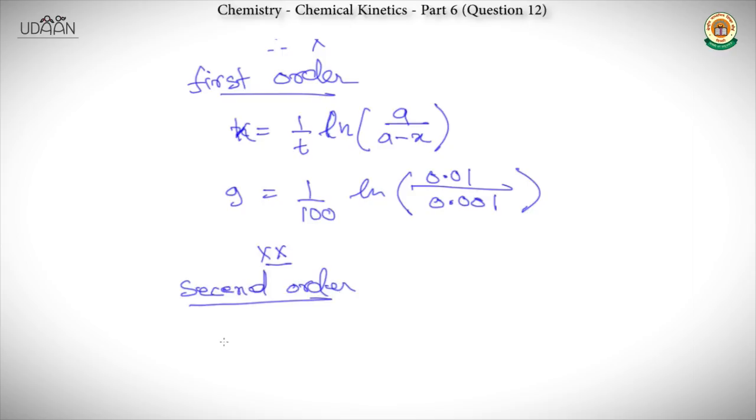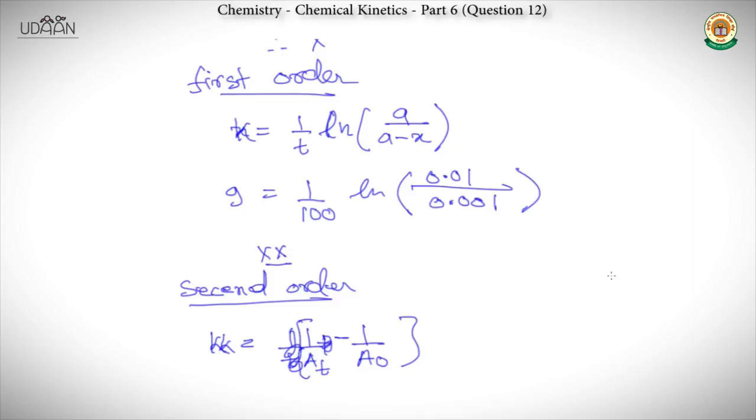Therefore, kt is equal to 1 upon a minus 1 upon a naught.